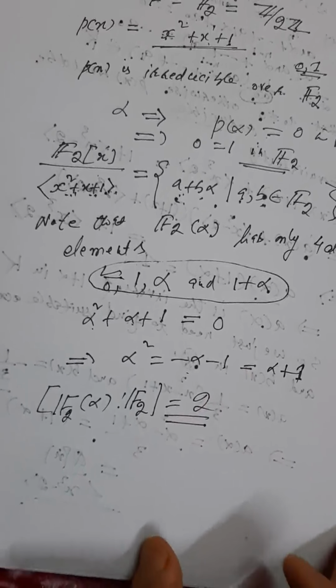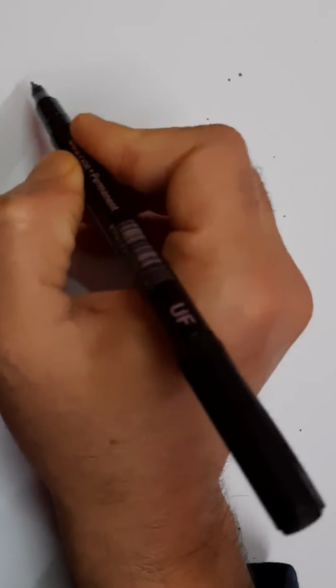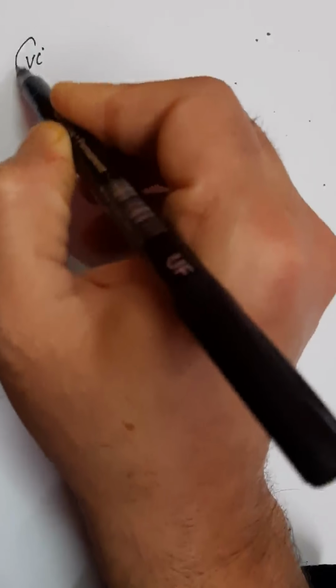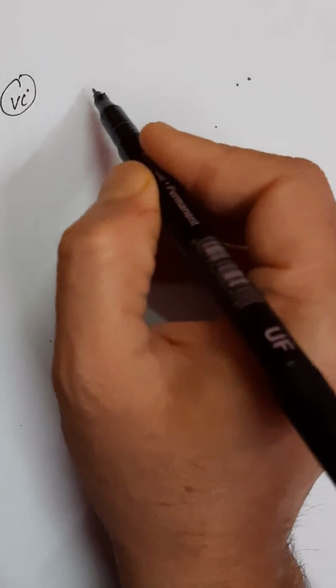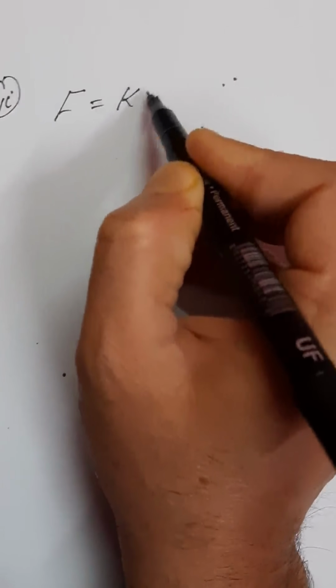Now one last example and then we would finish this lecture. Let us take a different type of field. I would take the field of rational functions. So the last example of this lecture, take F equal to K(t).